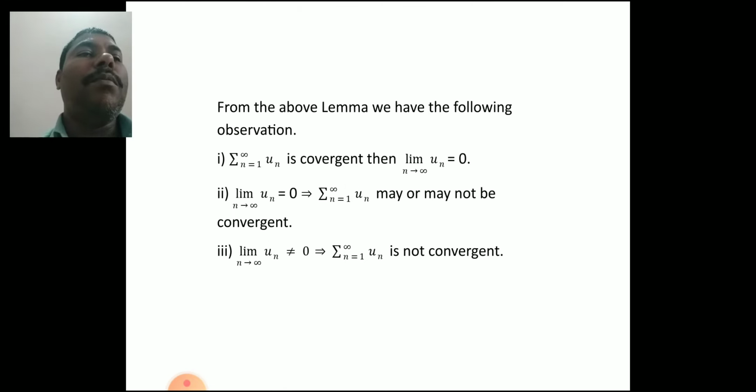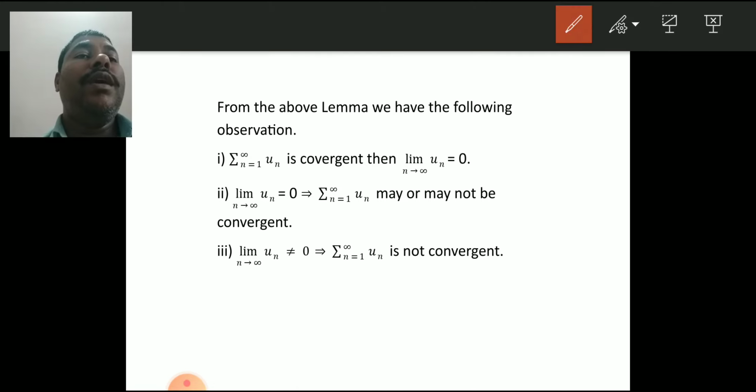From the above lemma, we have the following observations. The first one: if summation n equals 1 to infinity un is convergent, then limit of un as n tends to infinity is equal to 0.